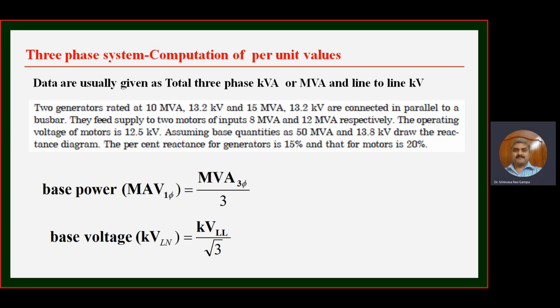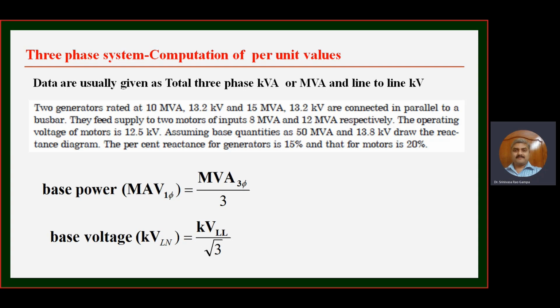So actually, all the formulas we have derived so far consider that all the data is given for a single phase system. But generally most of the systems are three-phase balanced systems. So the data is given for the total three-phase system, and the voltage is generally given as line-to-line voltage.